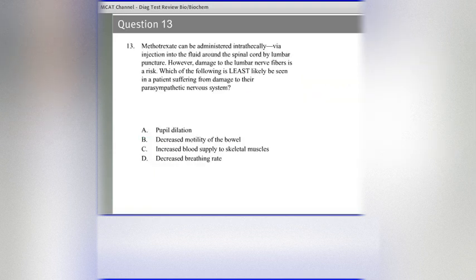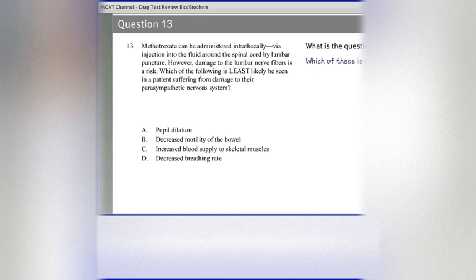critical analysis and thinking. Let's do one more of these where, again, you might never have seen methotrexate. This was the question that I pulled up a second ago, but it's telling us a little bit about it. So it's really asking what is not likely to be seen in someone suffering from parasympathetic damage.